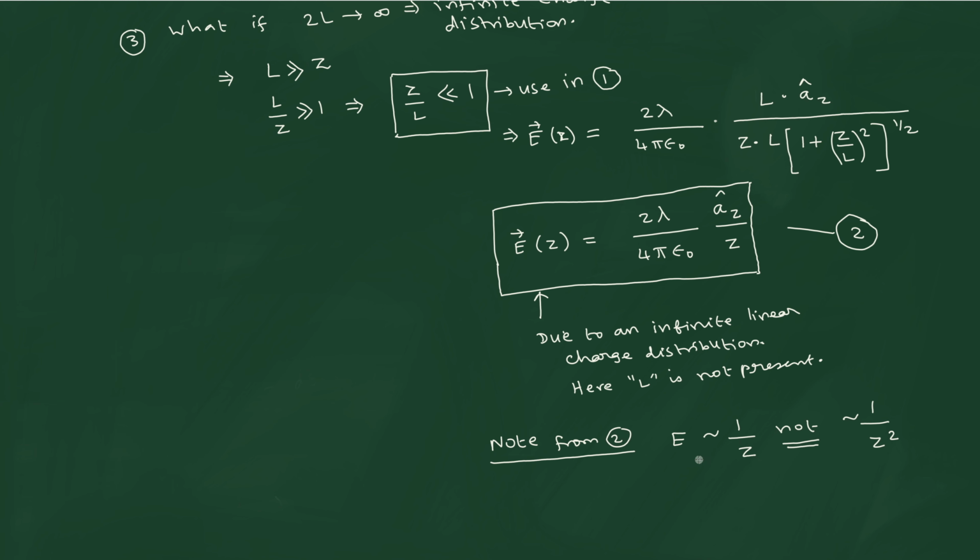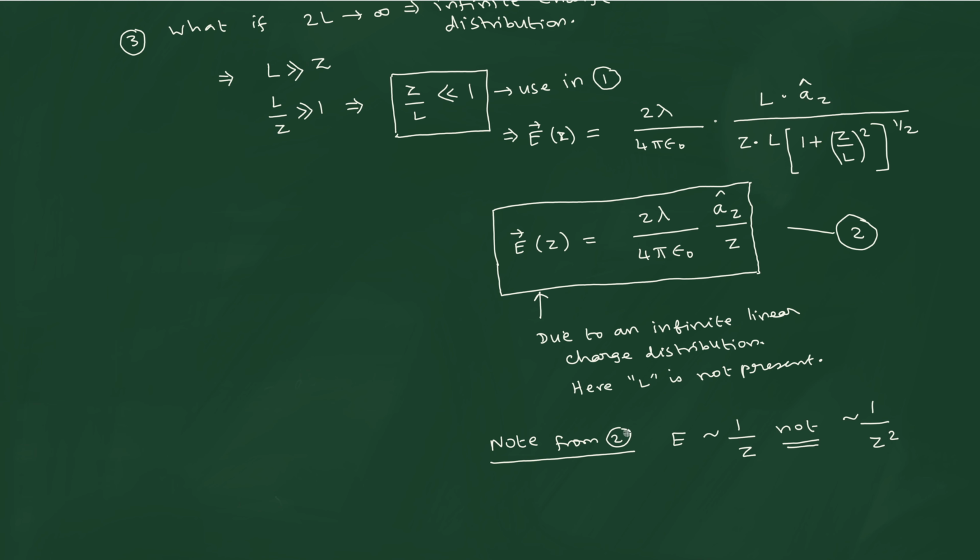So these points are important because in competitive examinations, for example, they will give 4 options. Electric field is inversely proportional to the square of the distance, or cube of the distance, or 1 by root z. Like this, 4 options can be given in the competitive examination.